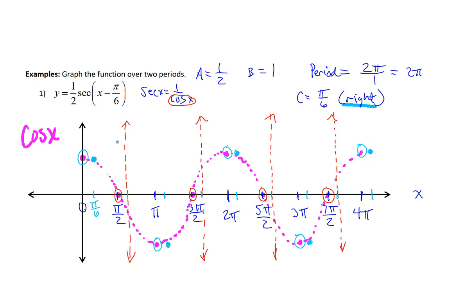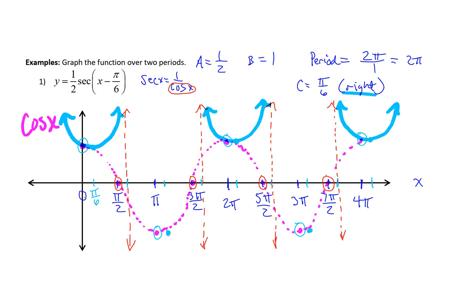Okay. So now to draw in the secant branches, wherever I have a shifted max point from what I just did, I just took every maximum point from the parent function cosine, the dashed pink one, I shifted it all to the right. Wherever I would have had a max blue point there is now the bottom of my upward branch. So I'm going to find all those points and draw my upward branch. Of course, kind of keeping in bounds with the asymptotes as well, stuck between the asymptotes.